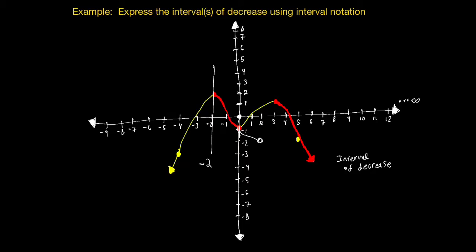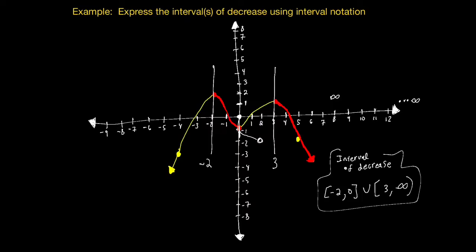The second break begins here at +3 and then it's gonna extend towards positive infinity. So here we're gonna write from -2 to 0 in brackets, union 3 comma infinity, and infinity is always closed with the parentheses. Alright, let's check out one final example, which is a piecewise example.